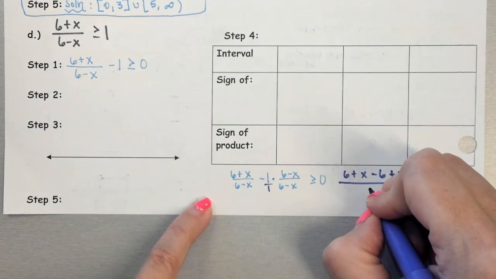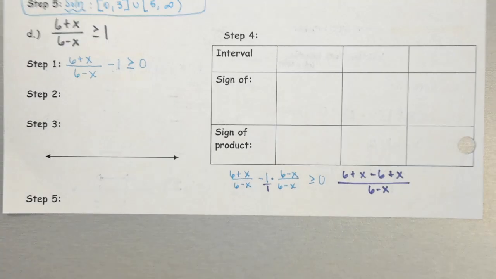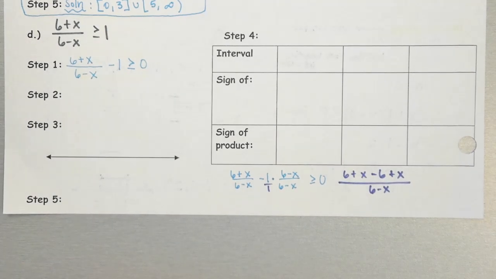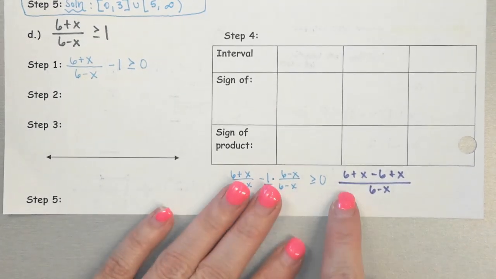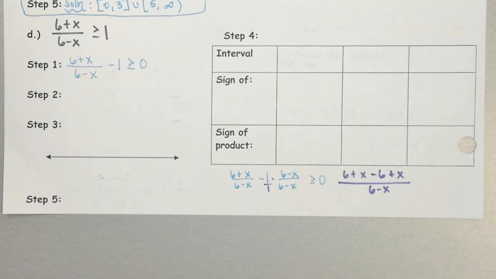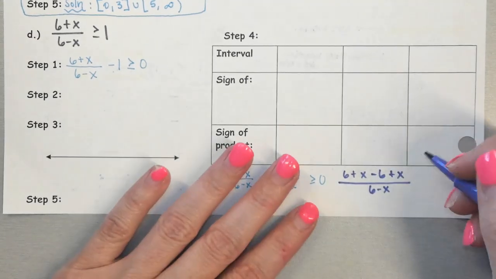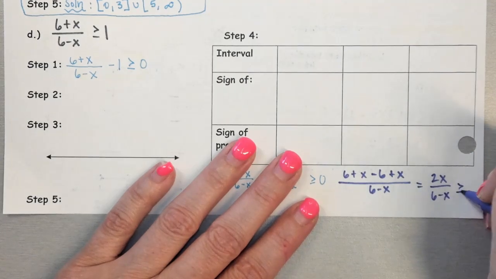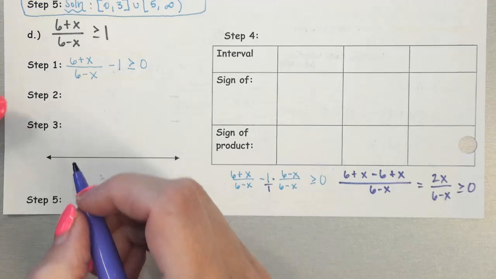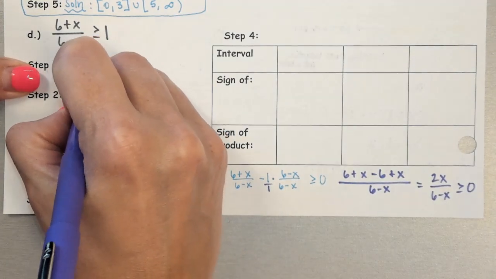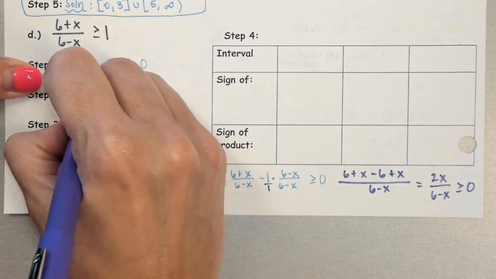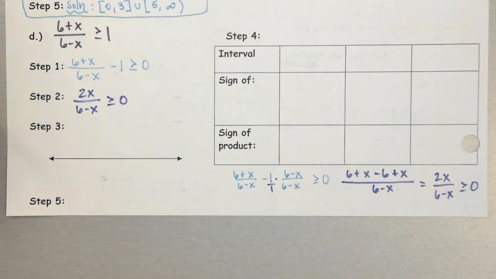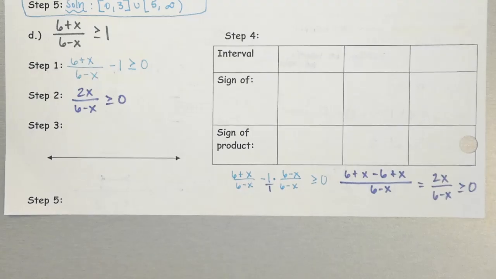That's all over 6 minus x. Then if we simplify that, 6 and negative 6 cancel. x plus x is going to be 2x. So this is going to be our inequality for step 2. We have 2x over (6 minus x) is greater than or equal to 0. We're keeping that inequality there.